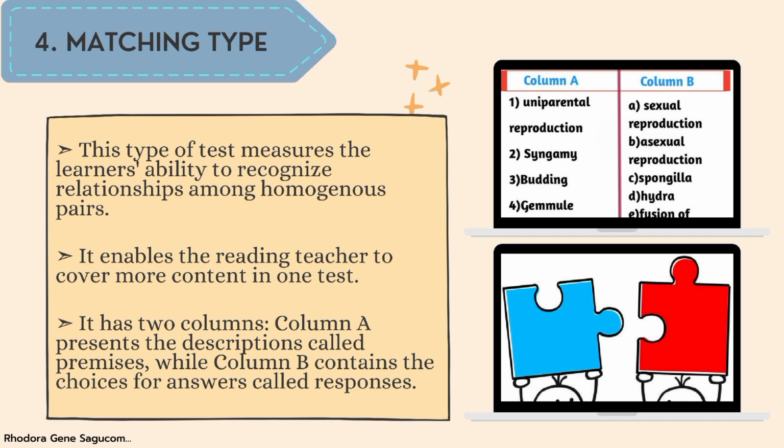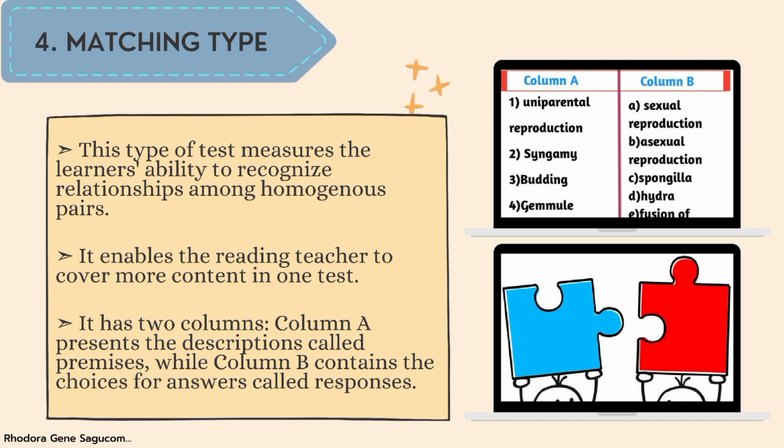So, a matching type test aims to challenge the learner's ability to identify the relationship between a set of similar items, each of which has 2 components such as words and their definitions, symbols and their meanings, dates and events, causes and effects, people and their accomplishments, and problems and solutions. Matching type enables the reading teacher to cover more content in one test.